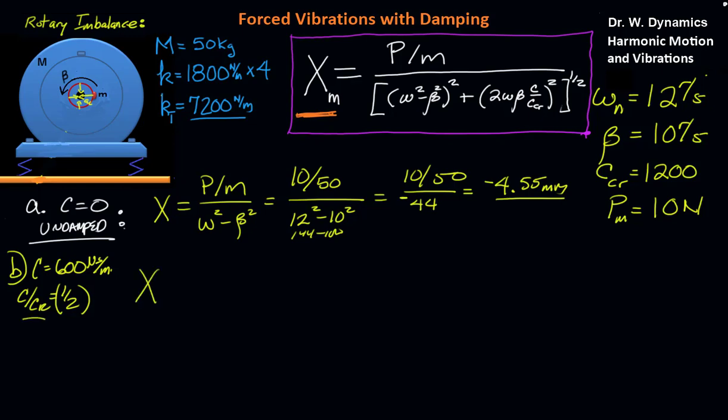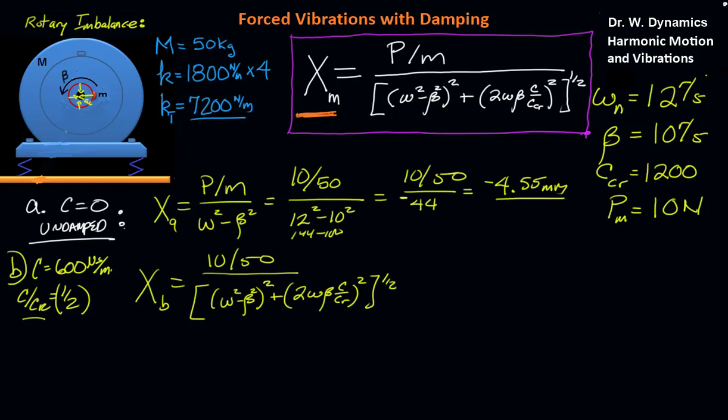So X, case B, this is case A, will be 10 over 50. And we have the same omega squared minus beta squared plus 2 omega beta C over C critical squared to the 1/2 power, which will be 10 over 50.